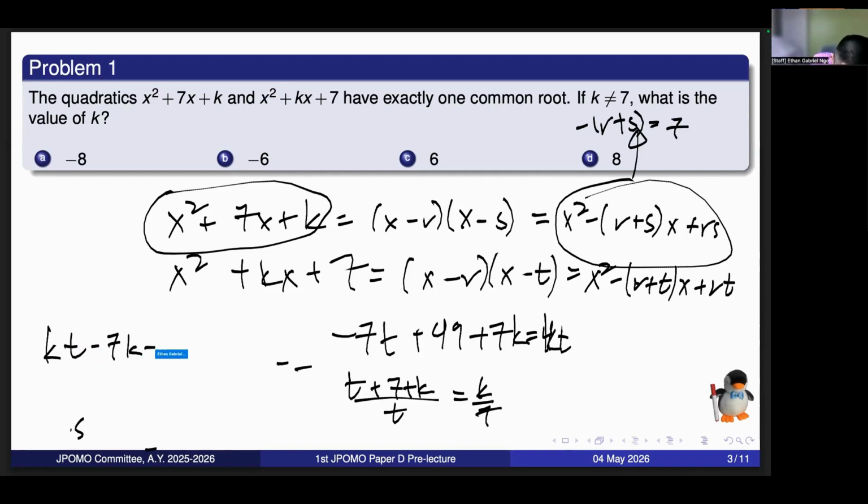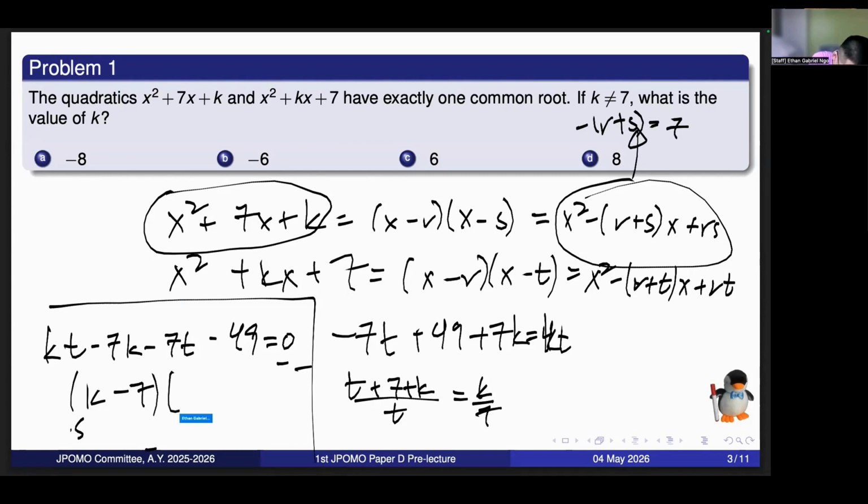And using similar logic, we can transpose everything to one side and then factor this out. It gives k times 7 times t times minus 7 equals 0.